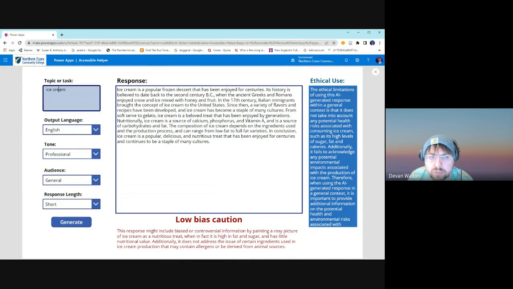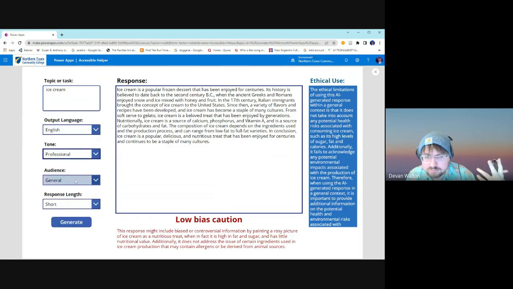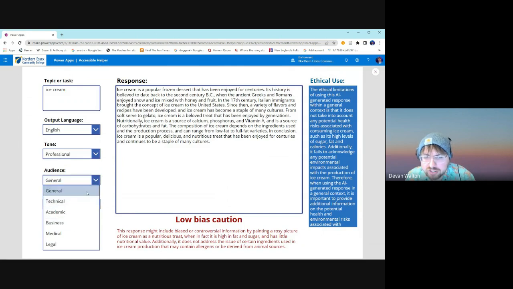So, an example of how this works: we give it a topic or some sort of task we want it to generate a response for. We select an output language, so it will generate responses in other languages: Spanish, Portuguese, Vietnamese. We select a tone of what type of response we want, and then we select what audience we have. Do we have a general audience, technical audience, academic, business, medical, legal?